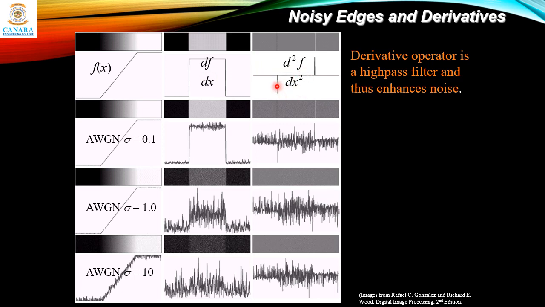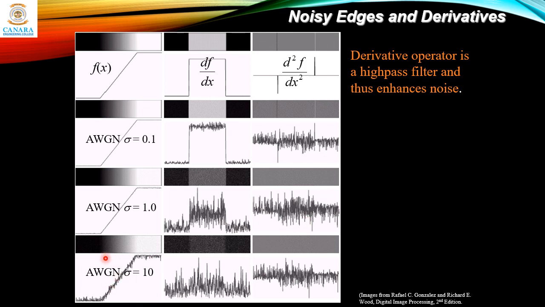Now if there is noise, AWGN with a sigma of 0.1, this is the response of the first and the second derivative, and you can see the second derivative is more prone to noise. It is amplifying the noise. As you increase the noise, the edge detection will take a hit for the first and more for the second derivative.